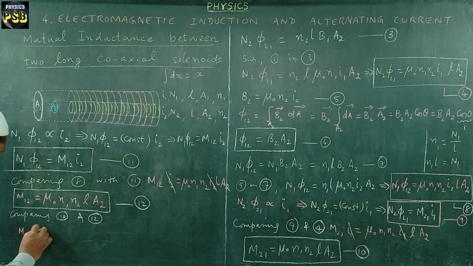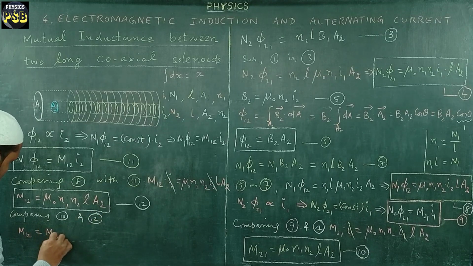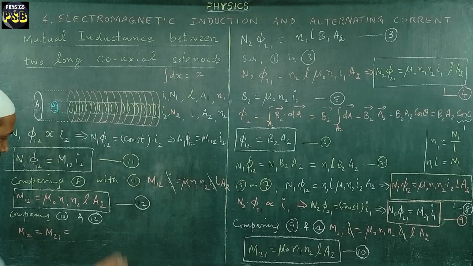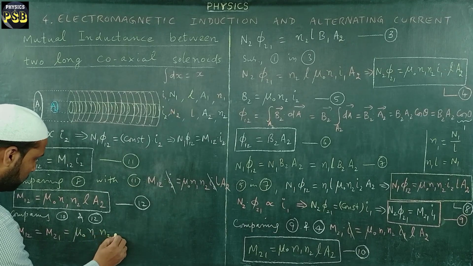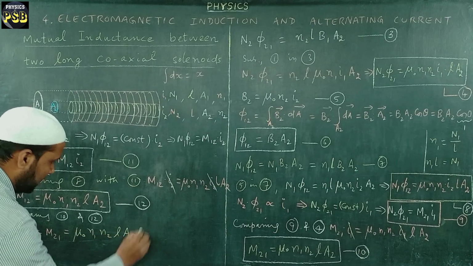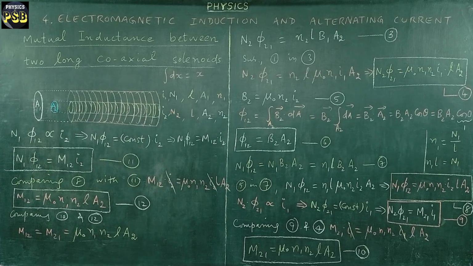M12 is found to be equal to M21, and these two are found to be equal to mu naught N1 N2 A2 upon L. Okay, so these two terms have the same value, so they are replaced with a common term, let's say M, which represents the mutual inductance between these two coaxial solenoids.